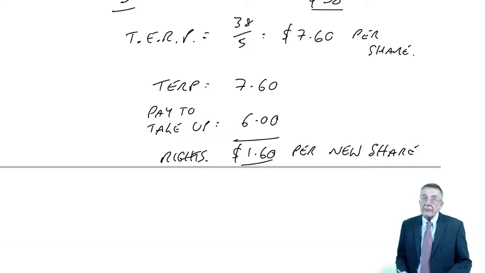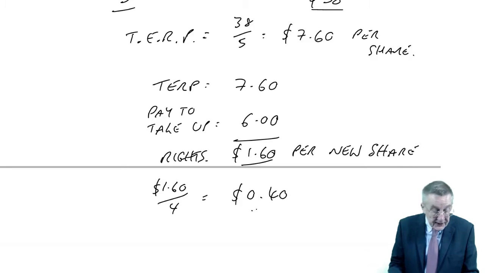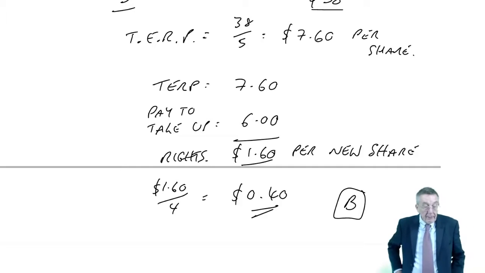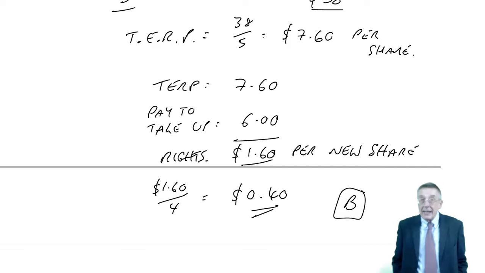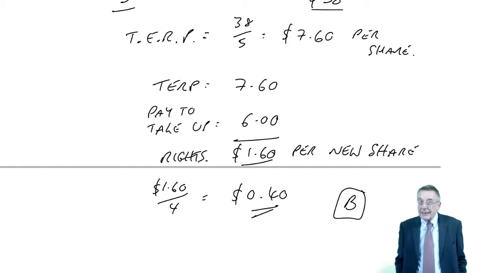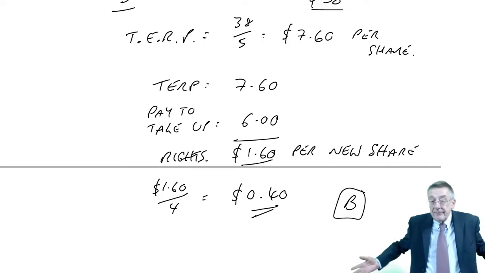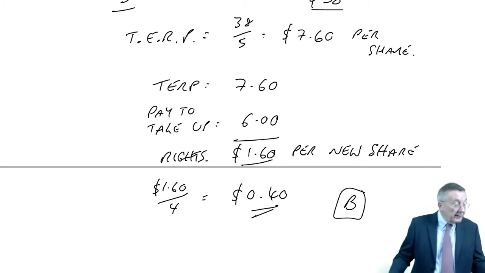And so if it's $1.60 for every new share, the value per existing share is $1.60 divided by the 4 we needed, which is 40 cents. The correct answer is B. And it's such a shame for people who answered A, because they obviously knew what they were doing. They just hadn't read it carefully enough. There's no half marks. Anyway, there we are. We've been through all 15.